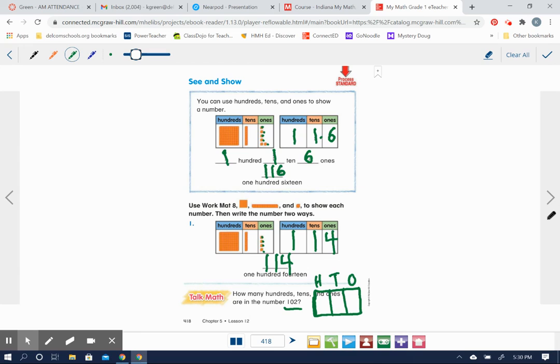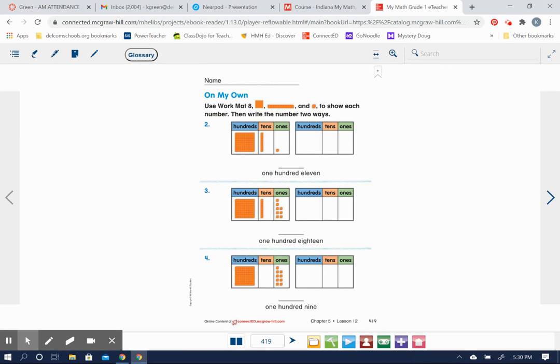In 102, there would be 100. How many tens? What's the number in the middle? 0. There's 0 tens. And how many ones? 2 ones.